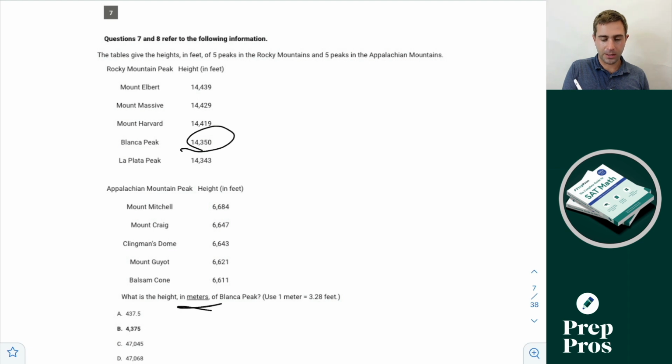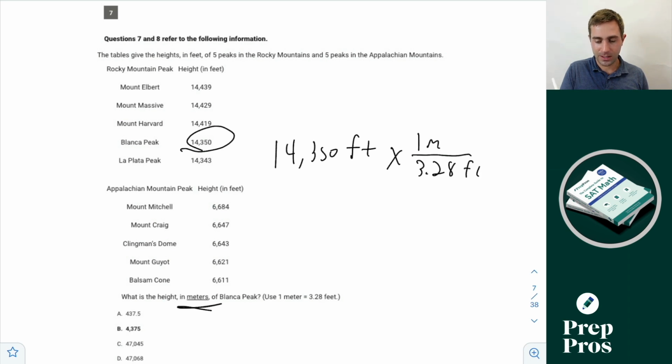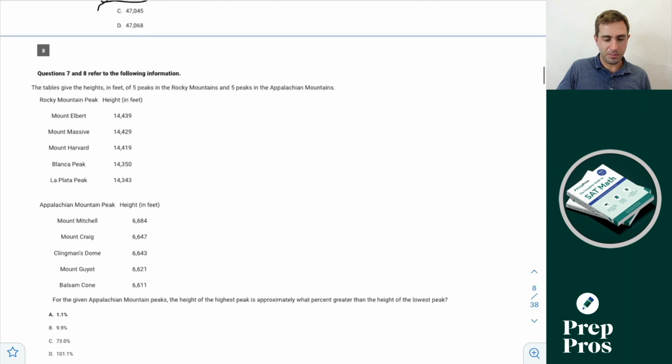So if we want to put it into meters, do 14,350 times 1, and let me put my units in here so this makes sense for all you guys, feet times 1 meter over 3.28 feet. So pretty simply, we're taking our 14,350 and dividing it by 3.28. And that's going to give us our correct answer here of B.